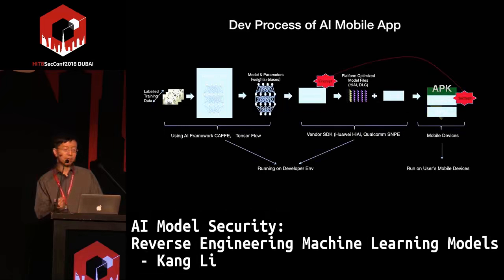One of the vendors actually did this. When they take a model already trained by some developer, like a Caffe or TensorFlow model, and convert it to the vendor-specific hardware model, they add encryption. So if you simply lift the model out of the application directly, you will notice some parts you cannot read directly.